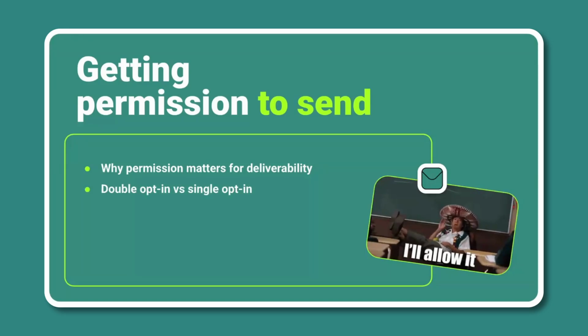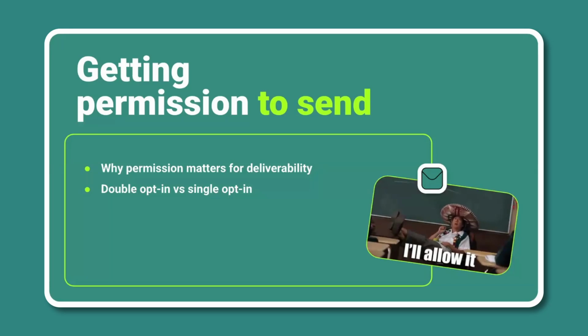It's either through a single or double, or what we call confirmed opt-in method. While the single opt-in method is very popular in the e-commerce industry in general, I actually recommend using double opt-in as a best email practice.